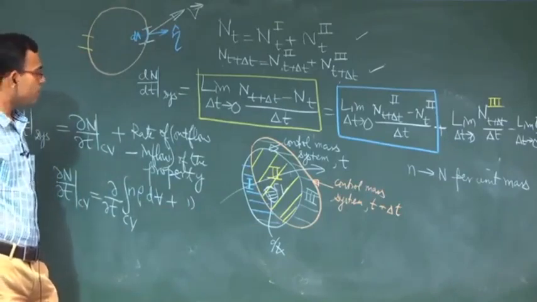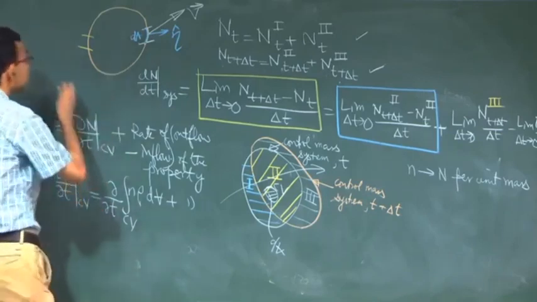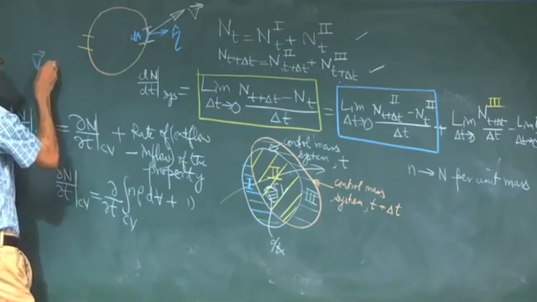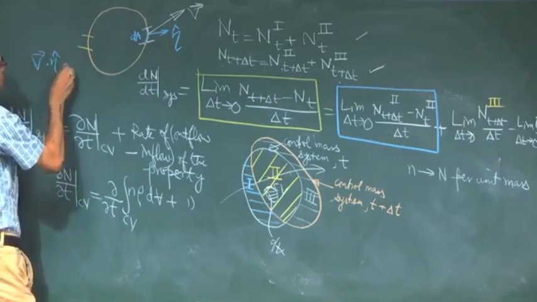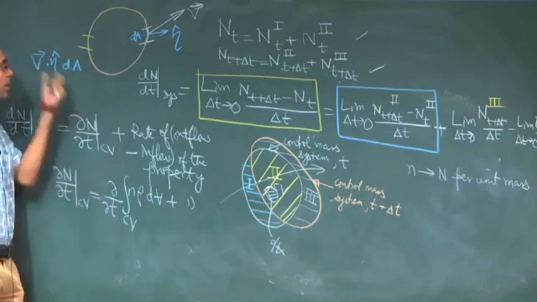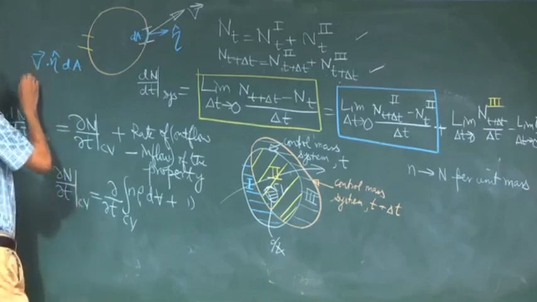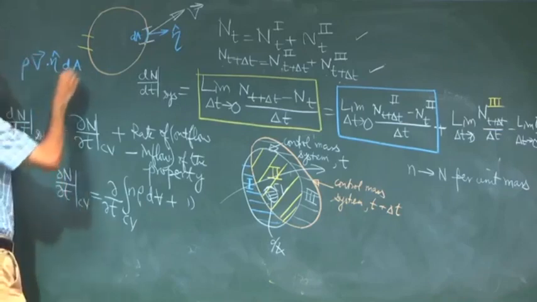What is the volume flow rate through this dA? The component of the velocity in the direction of the normal times the area. What is the mass flow rate and what is the property flow rate?